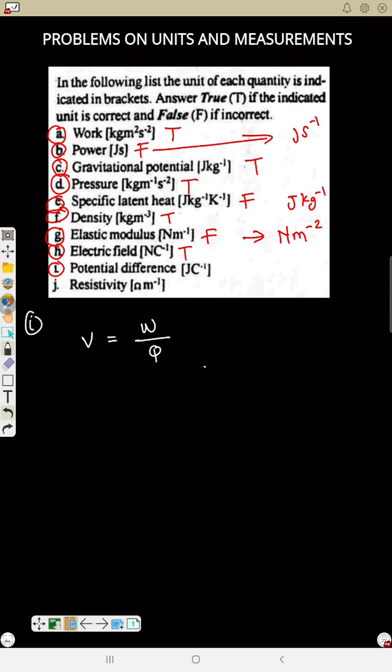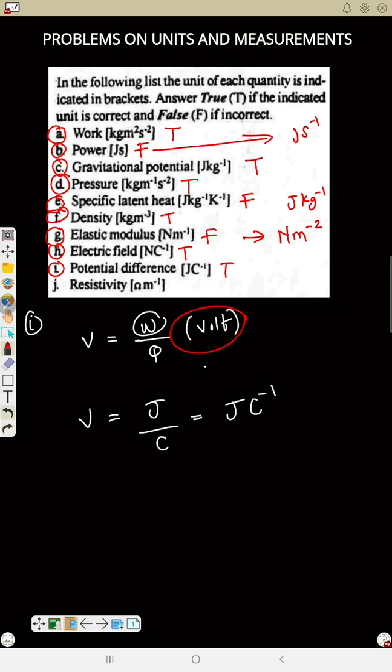And the unit of potential difference here is volts. That means if we go by this definition, work done is in joule and quantity of charge is in coulomb. So the statement is true because this can be joule per coulomb. That means volts can also be joule per coulomb.